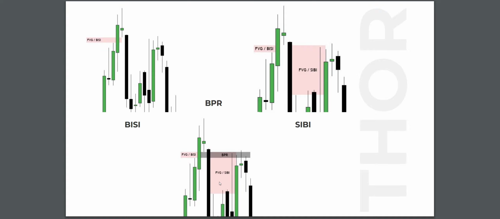Now you can disregard the lower portion of the CB, and this BC itself, and just use the BPR level here. This is highly important to note when you're charting, when you're doing your analysis, because this PD array usually gives you the smart money reversal.